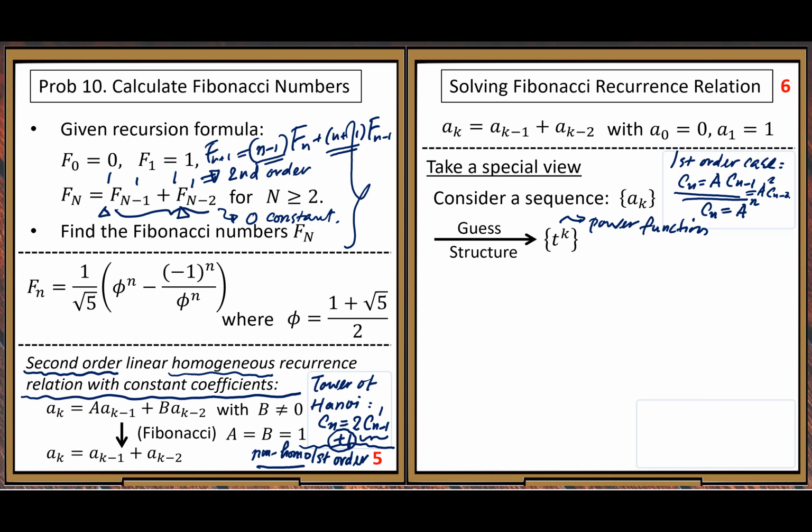Keep doing that, and at the end, you get Cn equals a to the nth. That is the power function. So you can see the solution structure for the first order linear homogeneous recurrence relation is the power function.